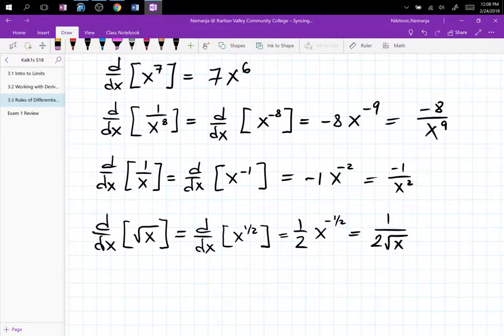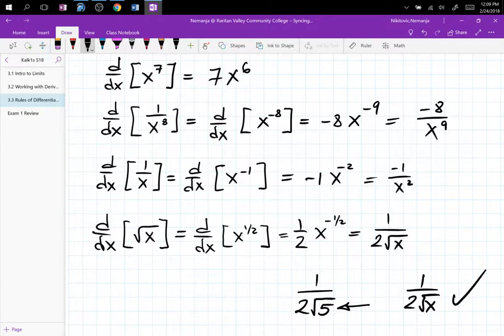Does it make sense? So if the answer is 1 over square root of 5 and you leave it like this, yeah, minus 1. But if you leave it like that, perfect. Because this x could be 5, but it also could be 4. And if it's 4, no need to rationalize.